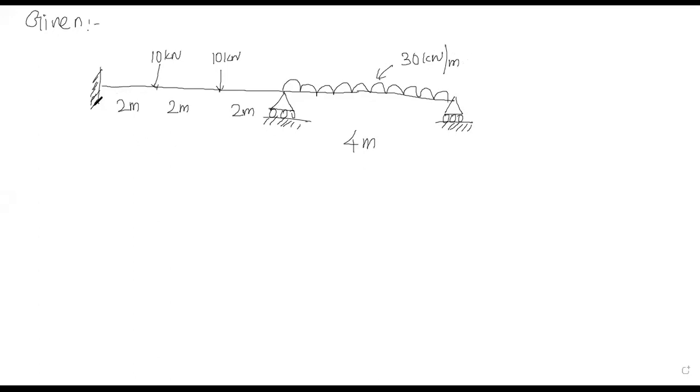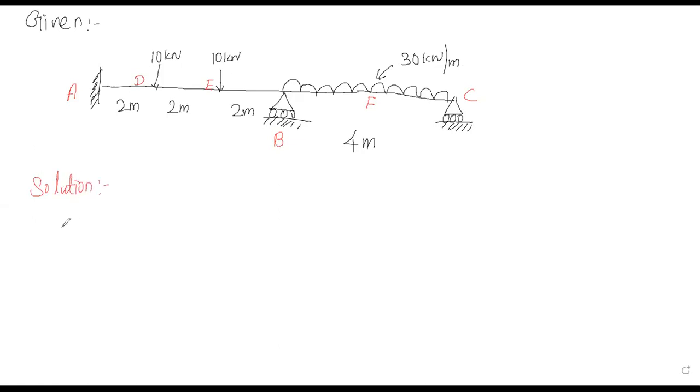So this is our given data. Now I'm going to give the support designation A, B, C, D, E, and at the mid I'm going to give F. Now let us go on to the solution part.